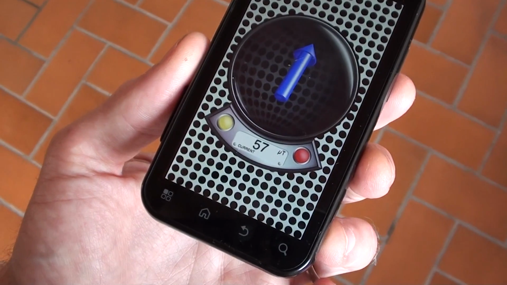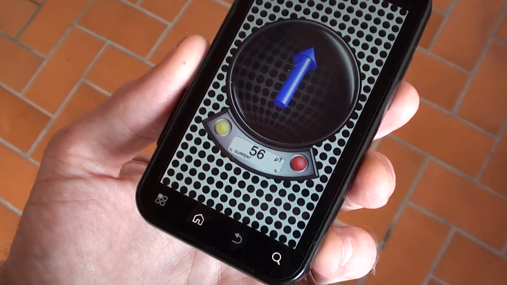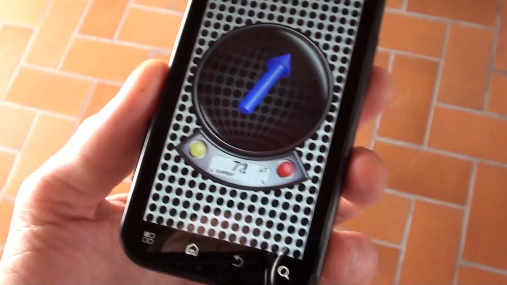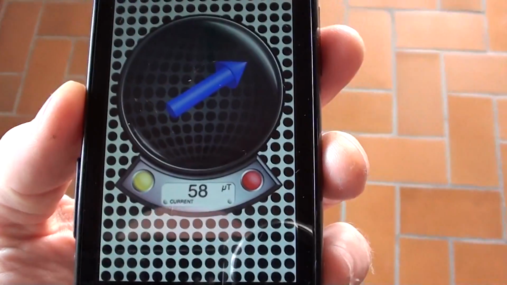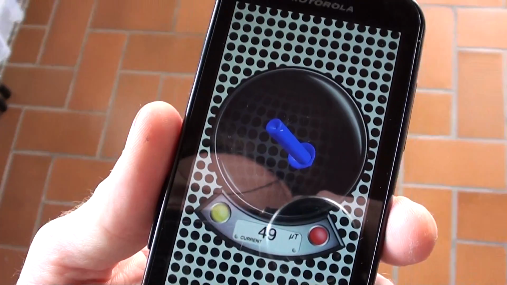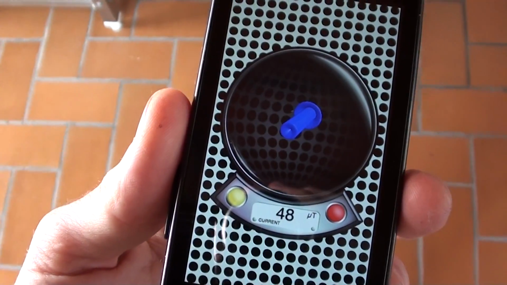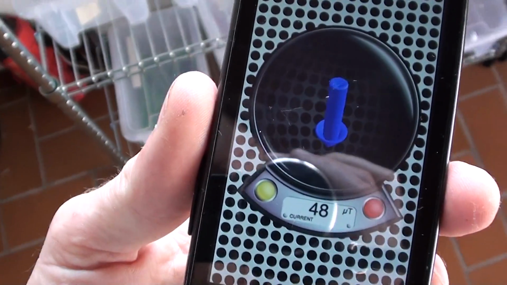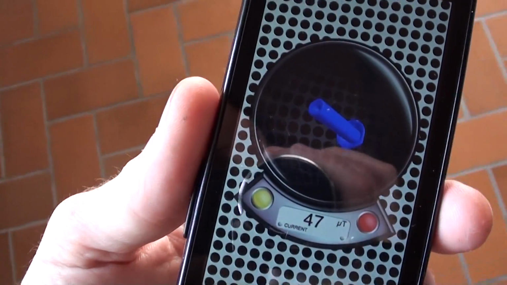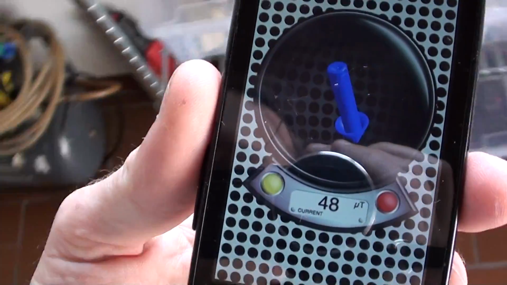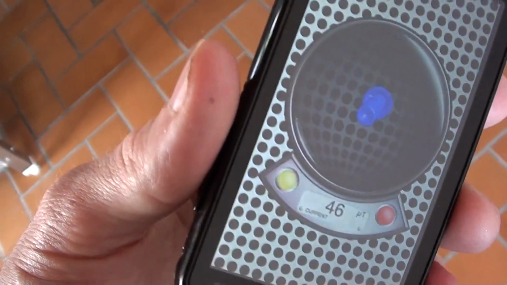So now we are back at around 50 microtesla level. So this shows the magnetic field of the Earth. Let's just try to turn it.